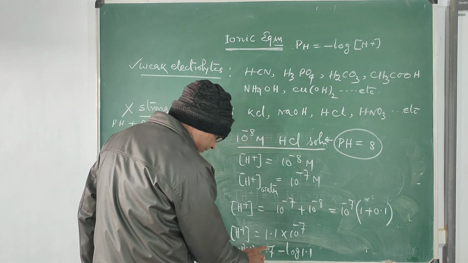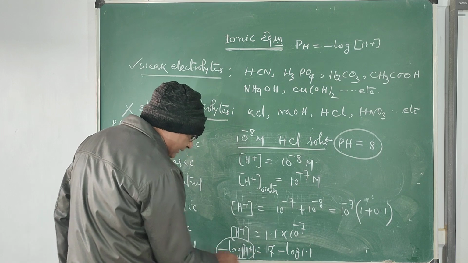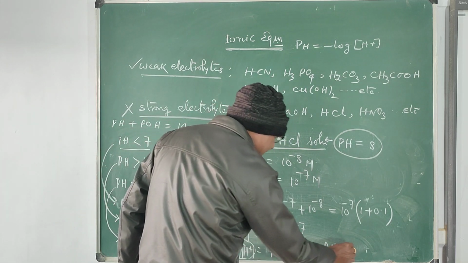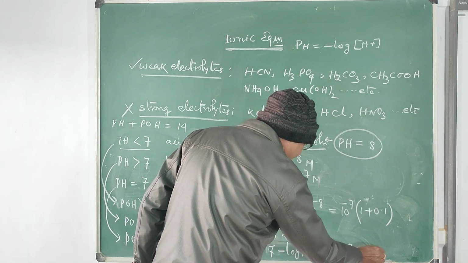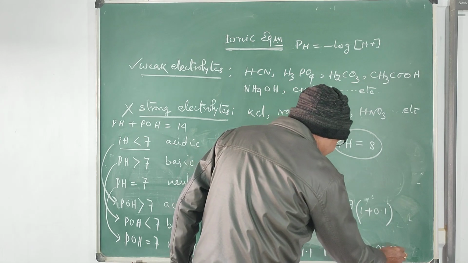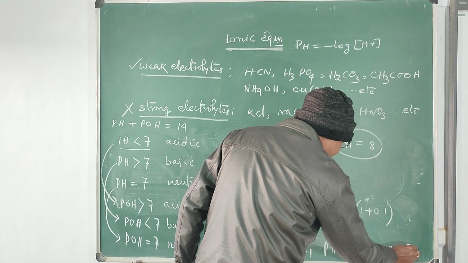So this stands for pH. Therefore pH will be equal to 7 minus 0.039, so the value comes out as 6.961.